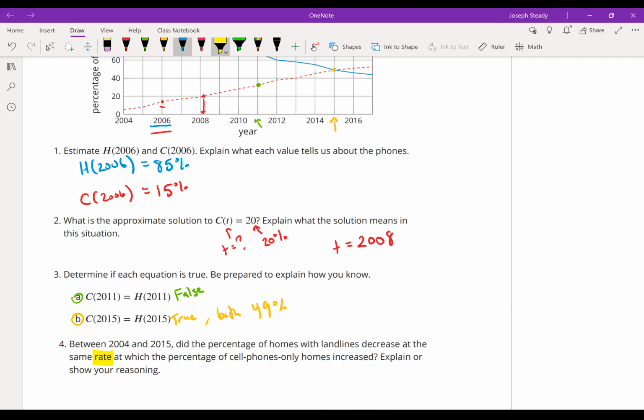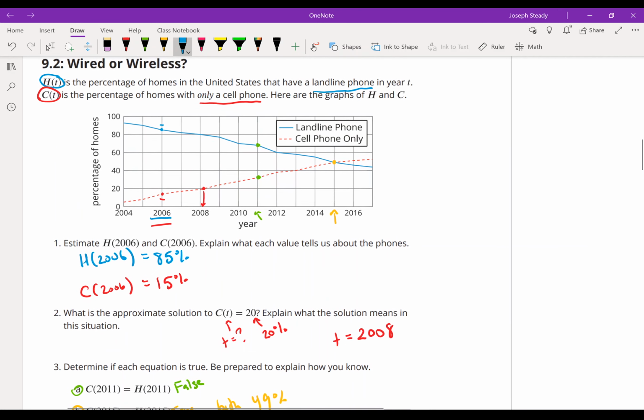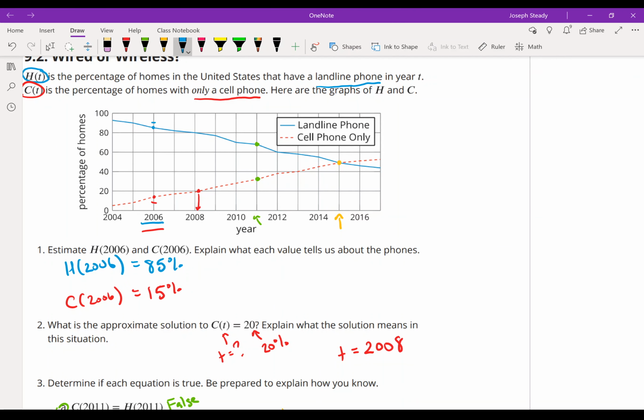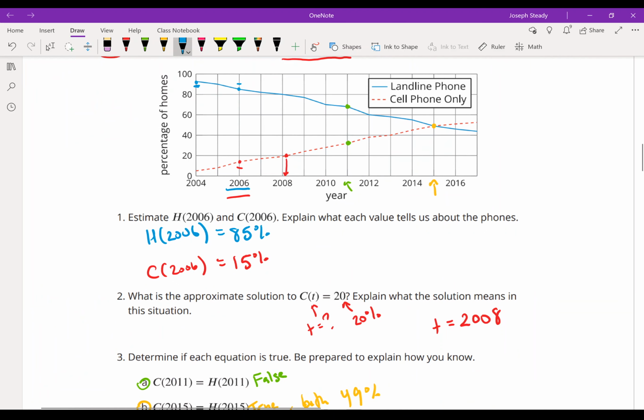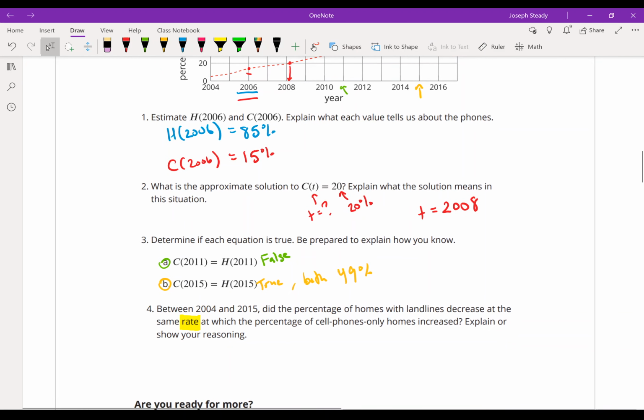We know that in 2004, h started up here, probably right around, that's not 90, 90 is right about there, probably around 92% maybe. And it ended at 49%. So h of t went down 43% in 11 years.